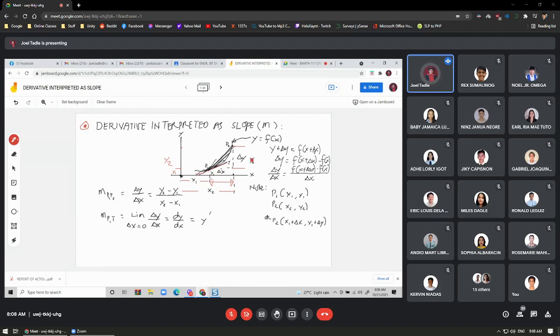So kung atong kuhaon ang ratio, delta y divided by delta x, that is the slope of the line joining point 1 and point 2.